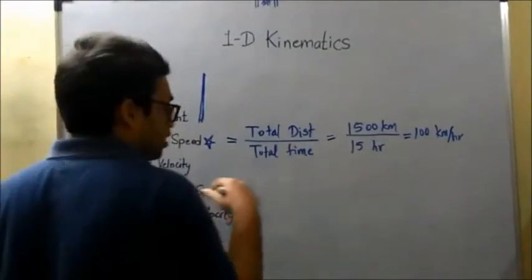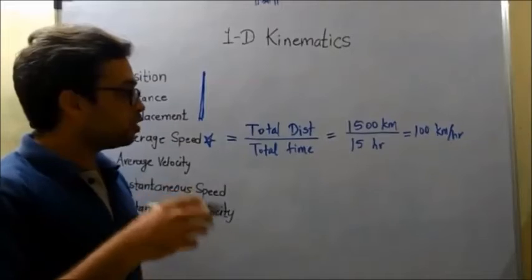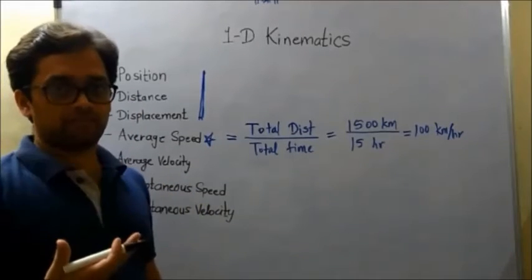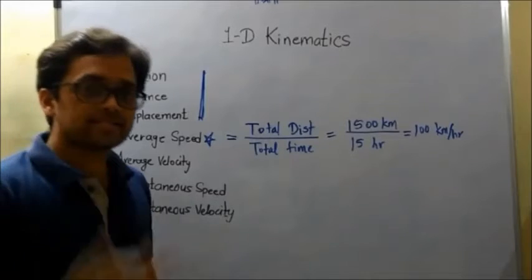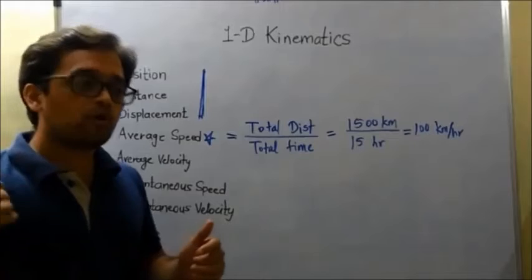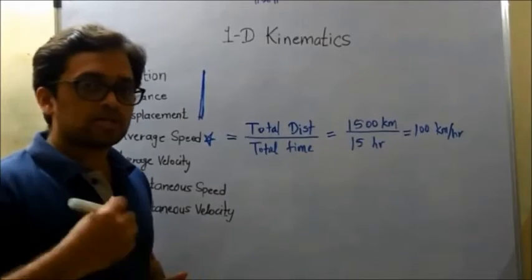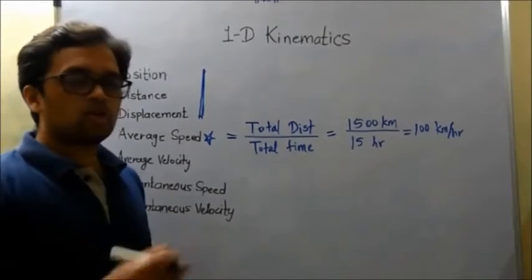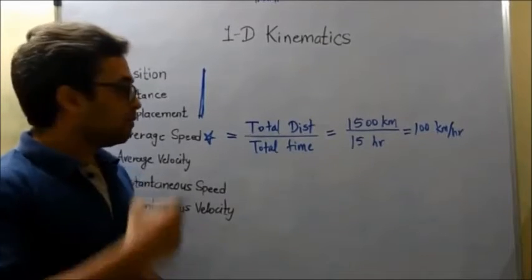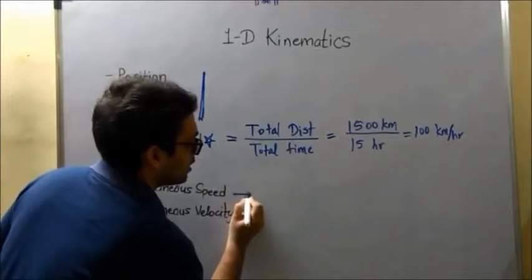Now, if you want to see the speed of the train at any one instant of time, it is called instantaneous speed. For example, if you want a train's speed when it is approaching the Surat junction, how much is its speed? Let us say it is 60 km per hour at that point of time when it is approaching the Surat junction. Then that is called instantaneous speed.